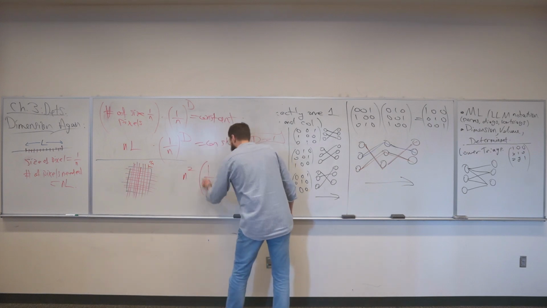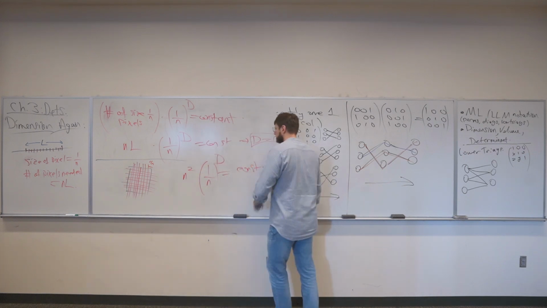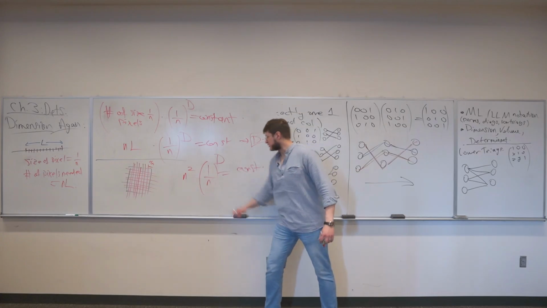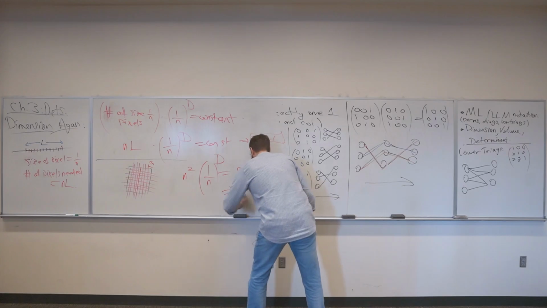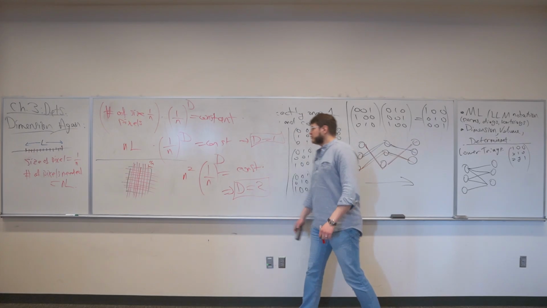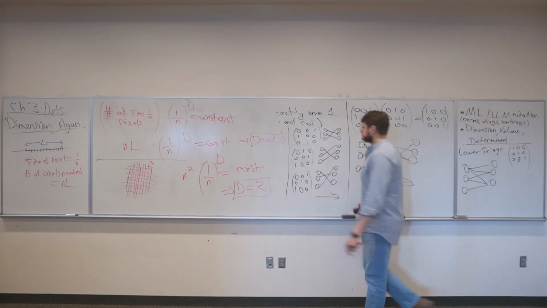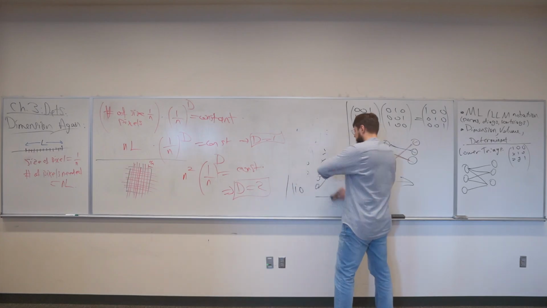And again, I want this to be a constant. In order for this to happen, d has to be 2, so that it cancels out with this. Now, it turns out that you can do this pretty much with any shape whatsoever. And that's really yet another way of defining dimension.